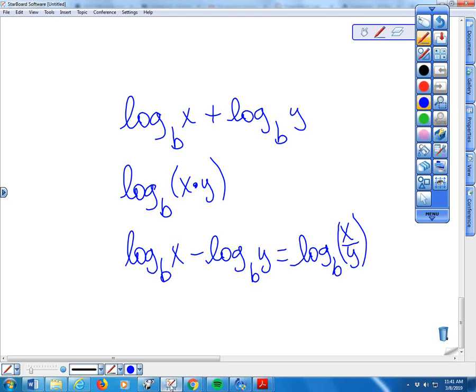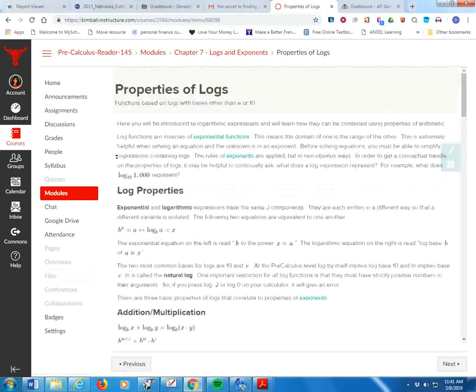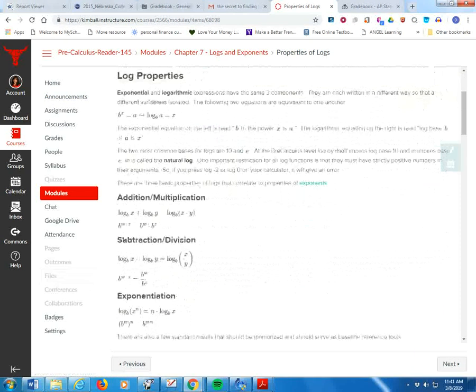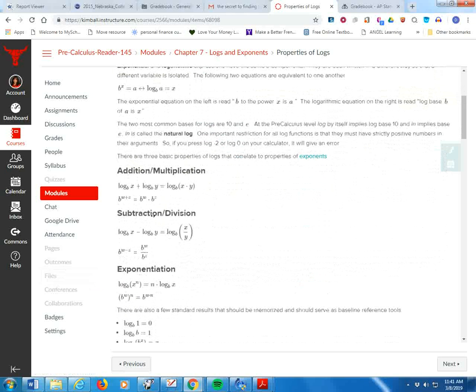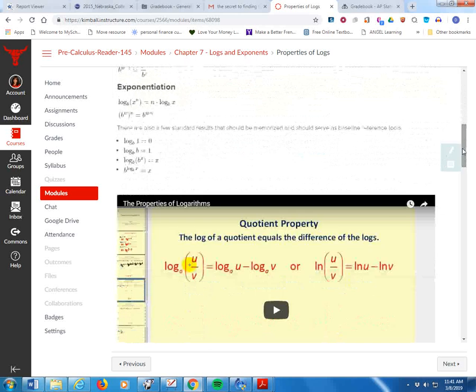Exponentiation. Let's see, my computer is so slow today. If I have log base b of x to an exponent, that exponent can come around to the front.